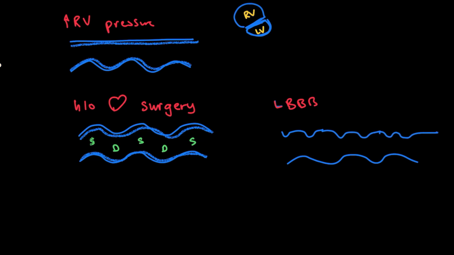Why? Well, let's look at this heart here with its conduction system. Normally, you should conduct down both the right ventricle and down the left ventricle at the same time, and your septum and the posterior wall should all be activated together. If you have a left bundle branch block, that means you have some kind of a break here, and so your septum contracts first.